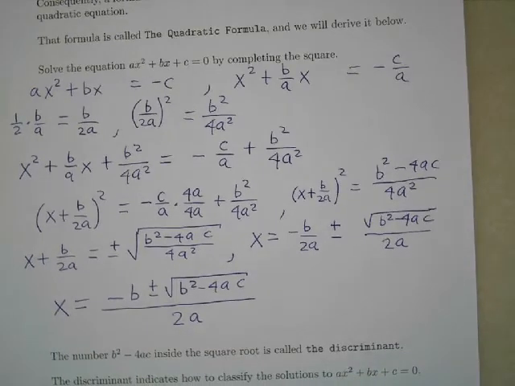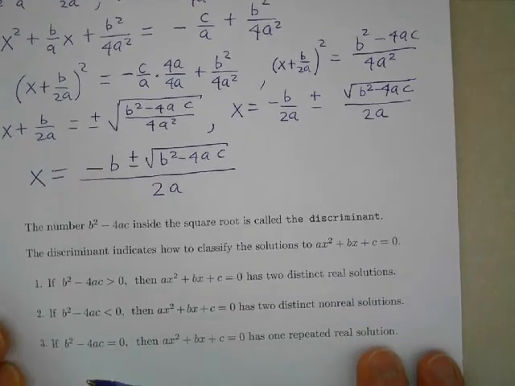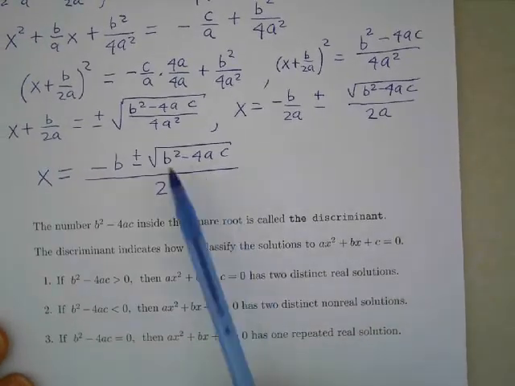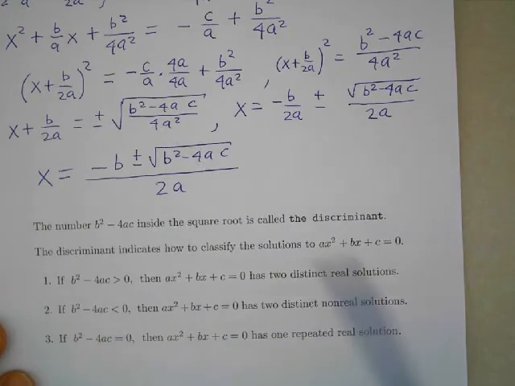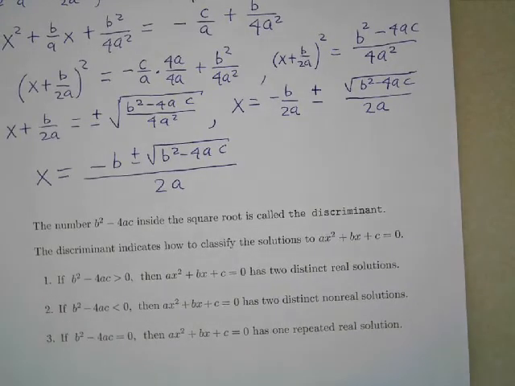The number b squared minus 4ac that's inside the square root of the quadratic formula is called the discriminant. And knowing the value of the discriminant enables us to determine the types of solutions that we have.